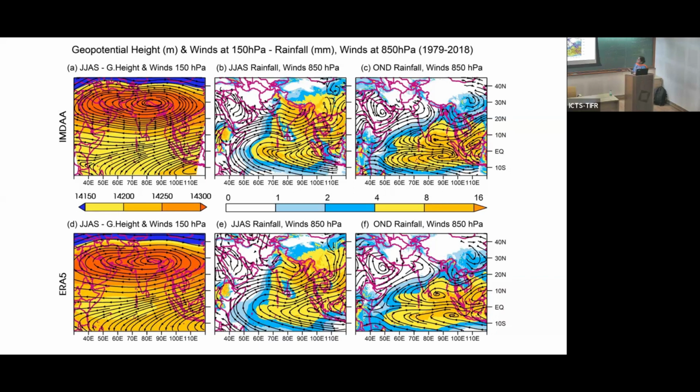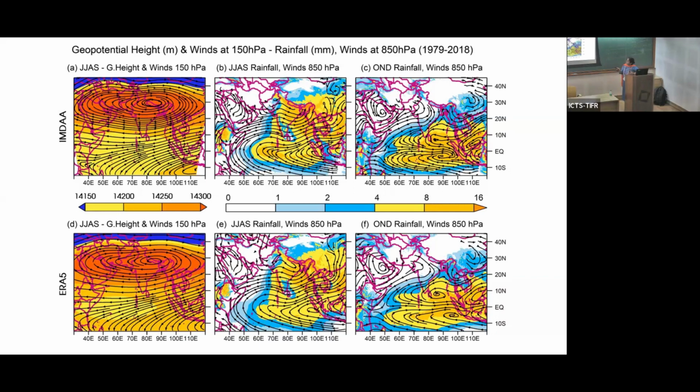If you compare one to one, this is the JJ geopotential height and wind. We can see that IMDAA is at 12 kilometer resolution, so the resolution impact is already visible compared to the 33 kilometer or 25 kilometer ERA5 products available.